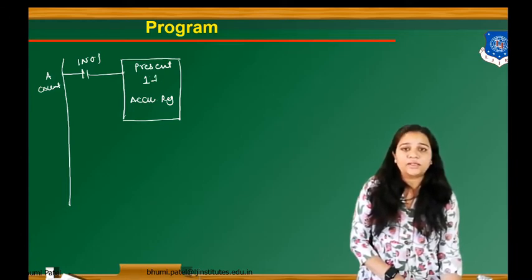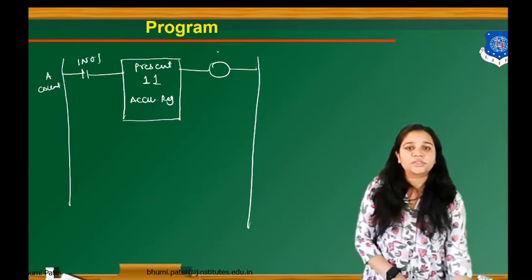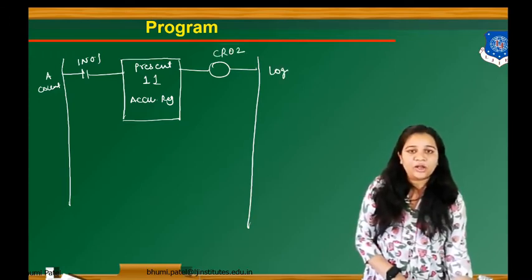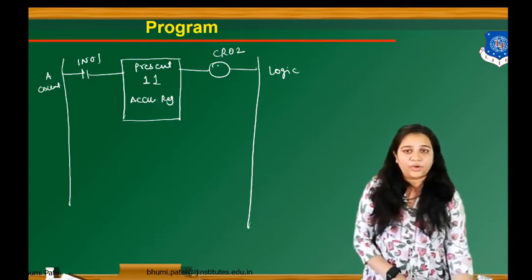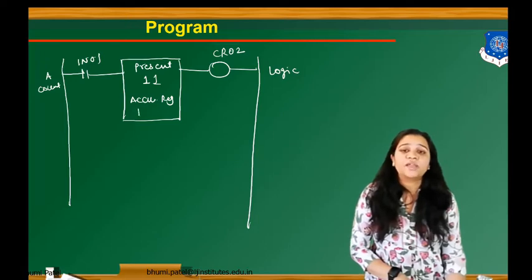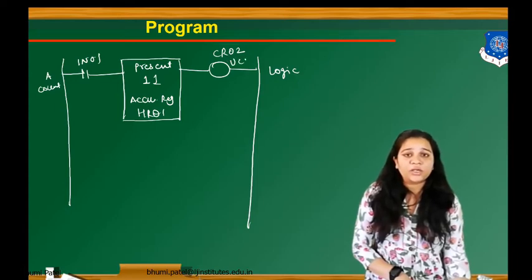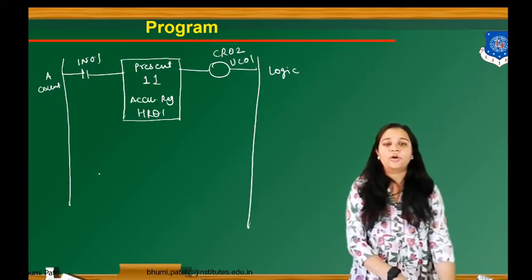So we write 11 here, and suppose the output for this A input is CR02. This is my logic for the up counter. Now we have to count up, so we write an accumulator register, suppose HR01, and the command of the up counter is UC01.